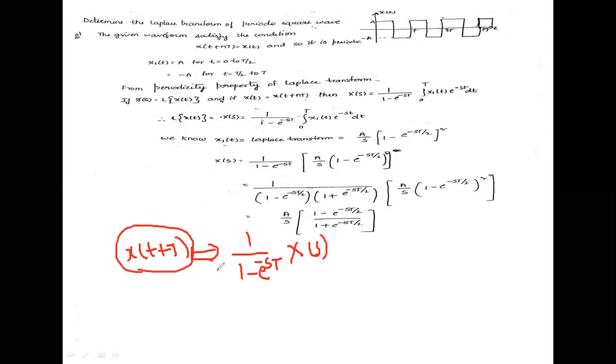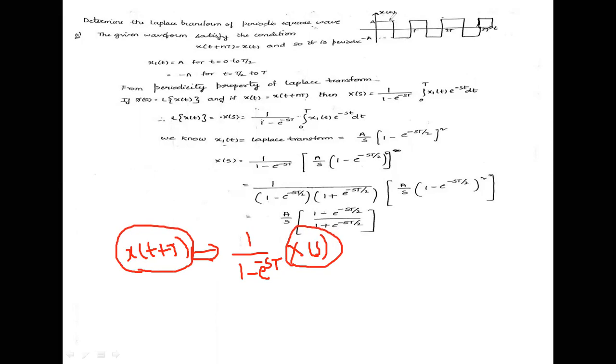So according to the periodicity property, x of t plus T, the Laplace transformation is 1 by 1 minus e power minus sT into x1 of s. Okay, the signal is a periodic function. You can find out the Laplace transformation and multiply with 1 by 1 minus e power minus sT. Simple. So what is the periodic signal here?